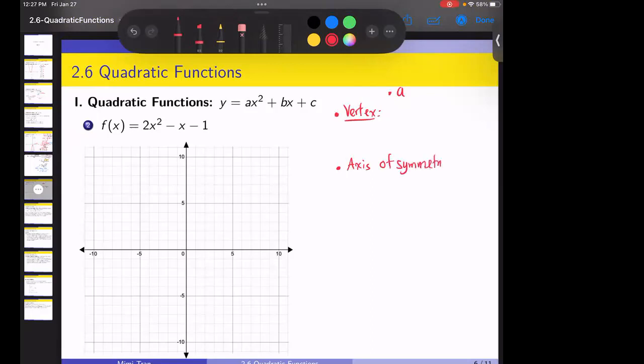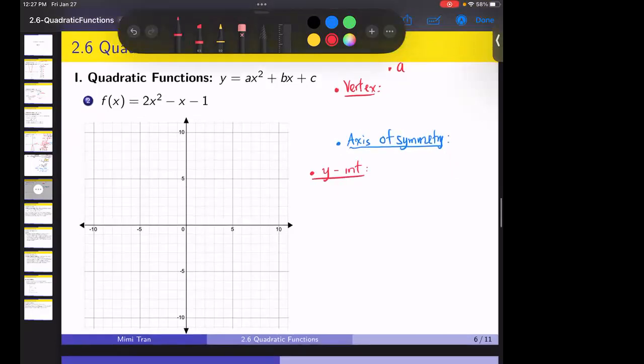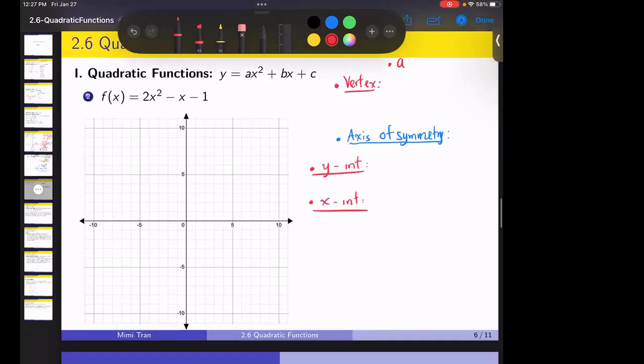Axis of symmetry. y-intercept. x-intercept.